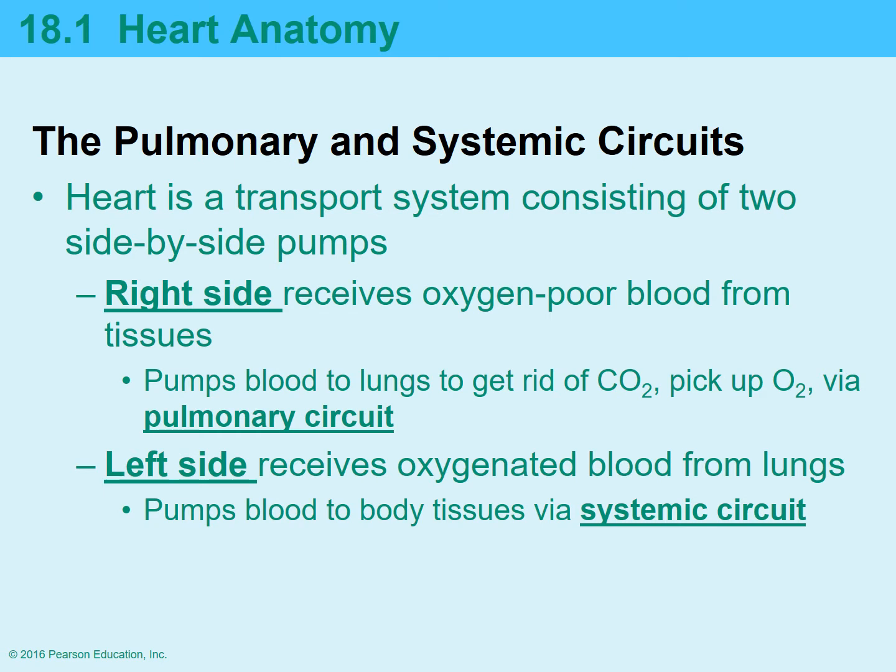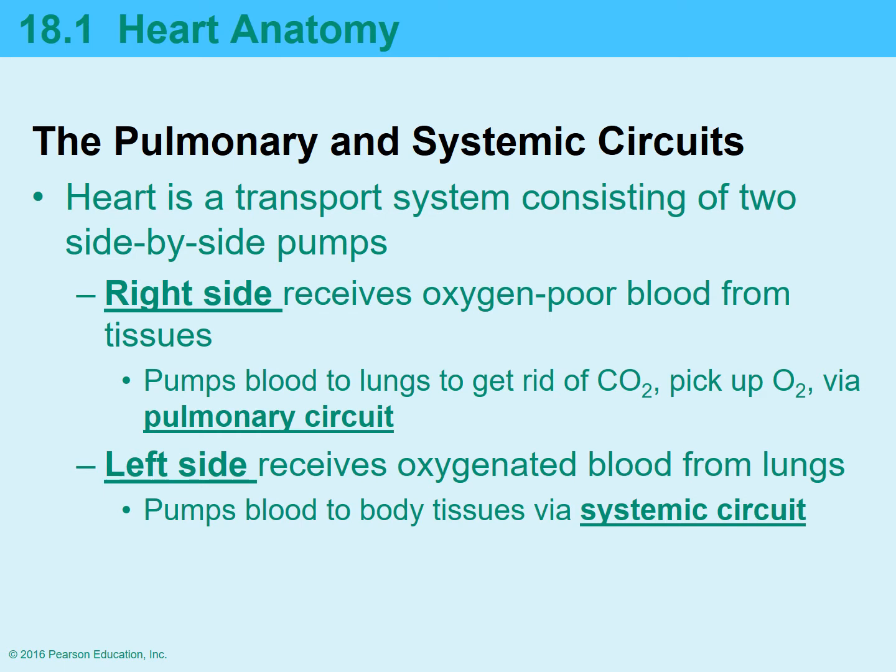The right side of the heart will then pump that blood to the lungs and then back to the left side of the heart. So when the blood goes to the lungs, it essentially unloads the CO2 and it loads or picks up the oxygen. So, like I said, blood coming from the rest of the body comes to the right side.